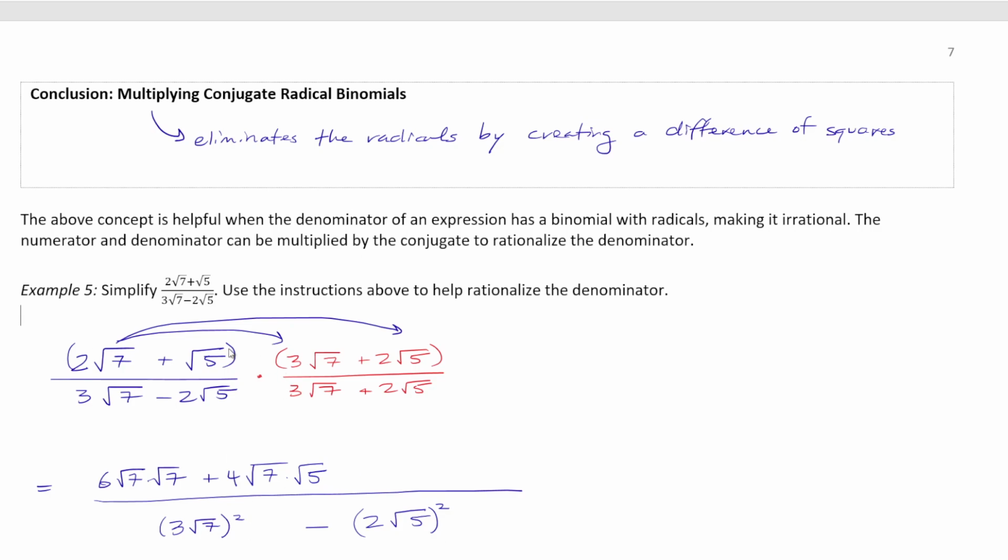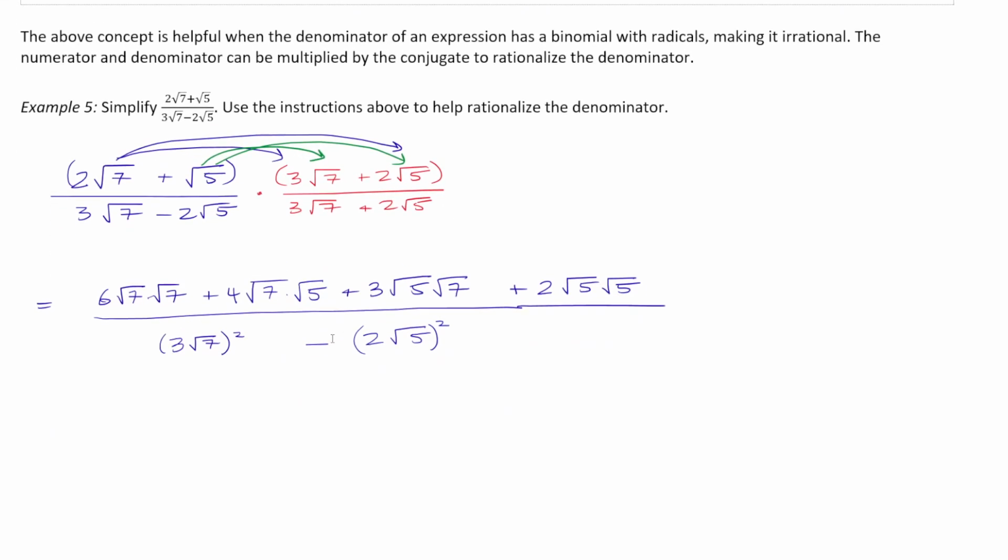Let's do the next ones. √5 times 3√7 is the same thing as saying 3√5√7. And the final one, √5 times 2√5 is plus 2√5√5. Okay, let's keep going.